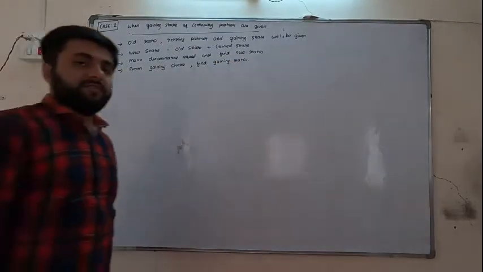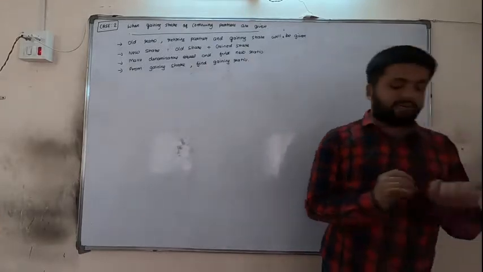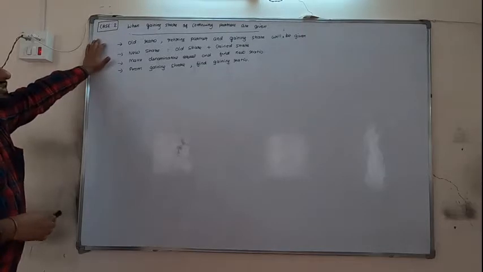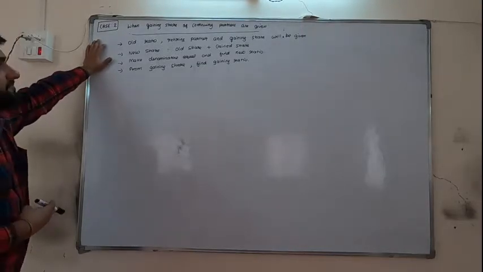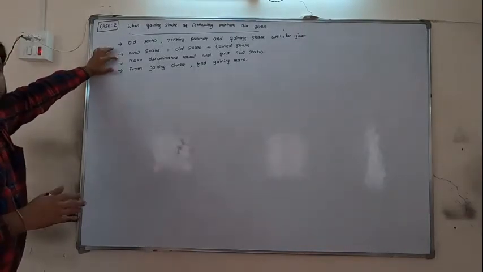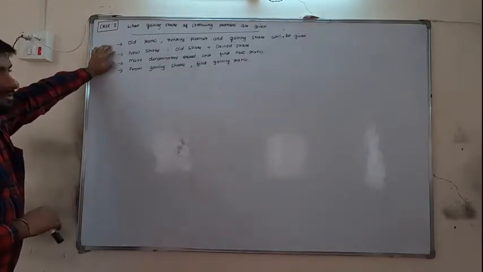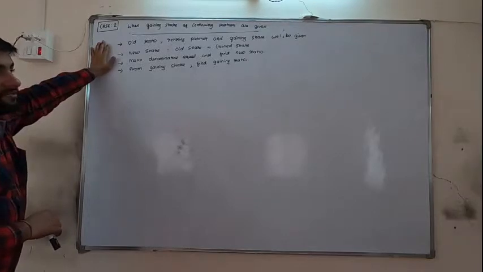So this is the one thing you have to know about this case: when gaining shares are given, old ratio, retiring partner and gaining share will be given in the sum. Directly find the new share by old share plus gain because they are getting the shares. Make denominators equal, find out new ratio. From the gaining share, find out gaining ratio.